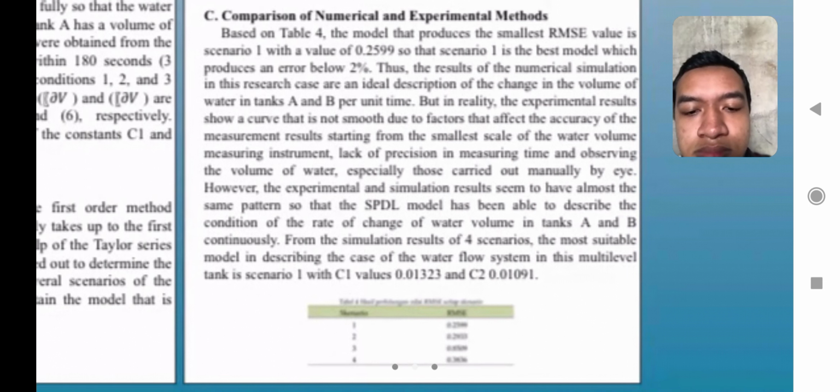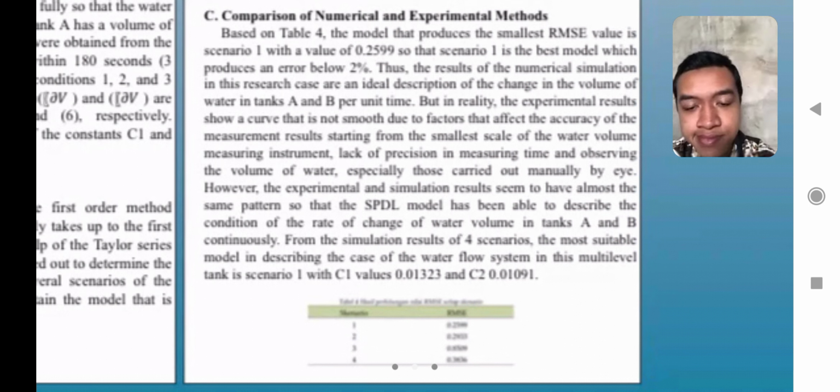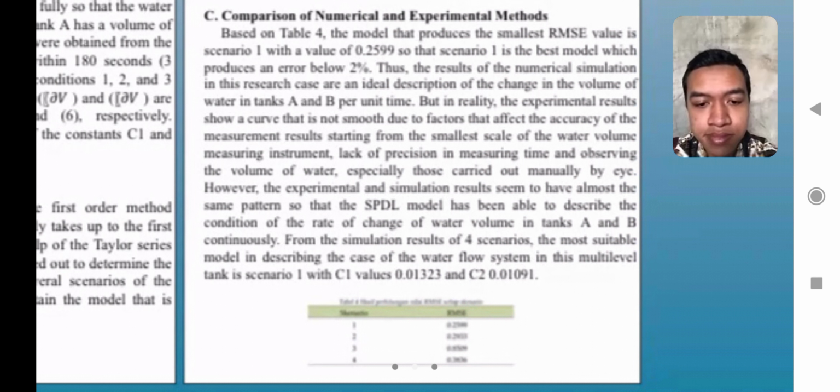But in reality, the experimental results give a curve that is not smooth due to factors that affect the acquisition of the measurement results, starting from the smallest scale of the water volume measuring instrument, and lack of precision in measuring time and observing the volume of water, especially since this was carried out manually.